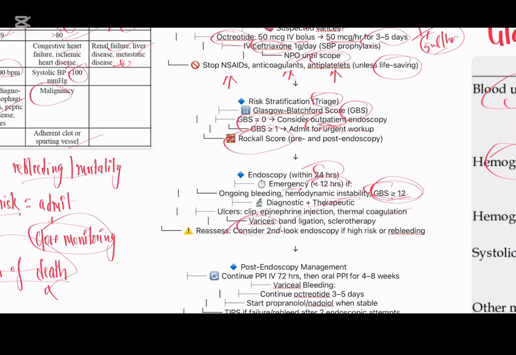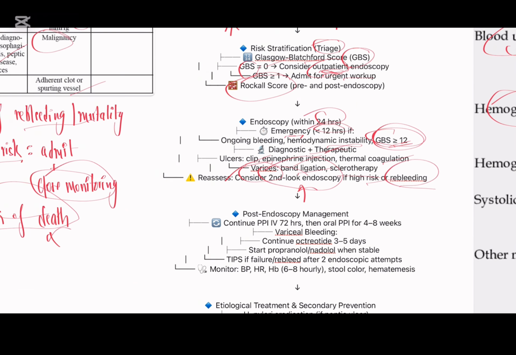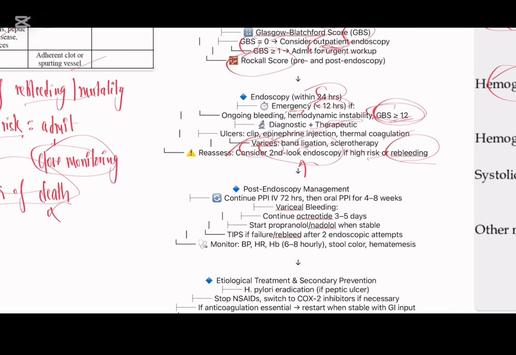If it is varices, then we should go for band ligation or sclerotherapy. We should do a second look endoscopy if there is rebleeding, and we should infuse PPI for 72 hours, then oral BD for 4 to 8 weeks. If it is a variceal bleed, we should give octreotide for 3 to 5 days. We can start propranolol when the patient is stable.